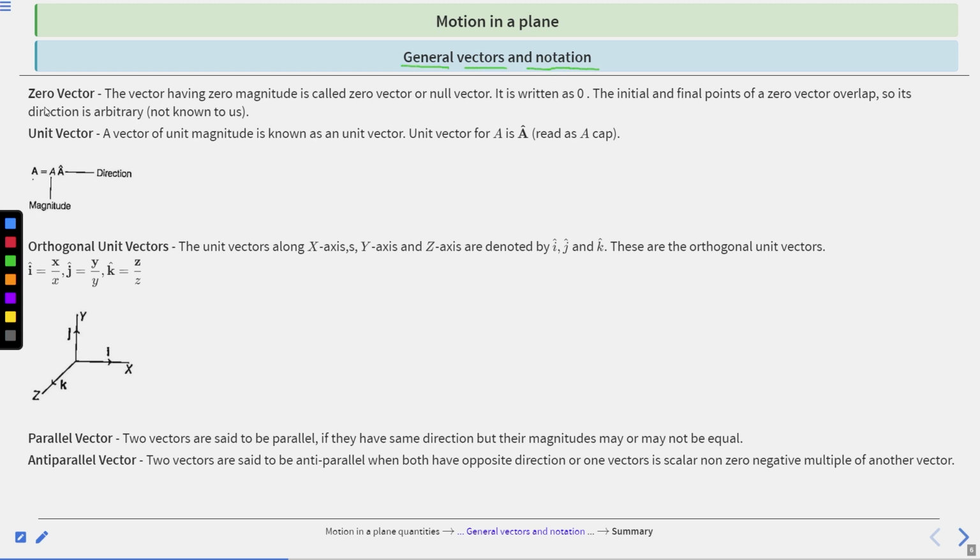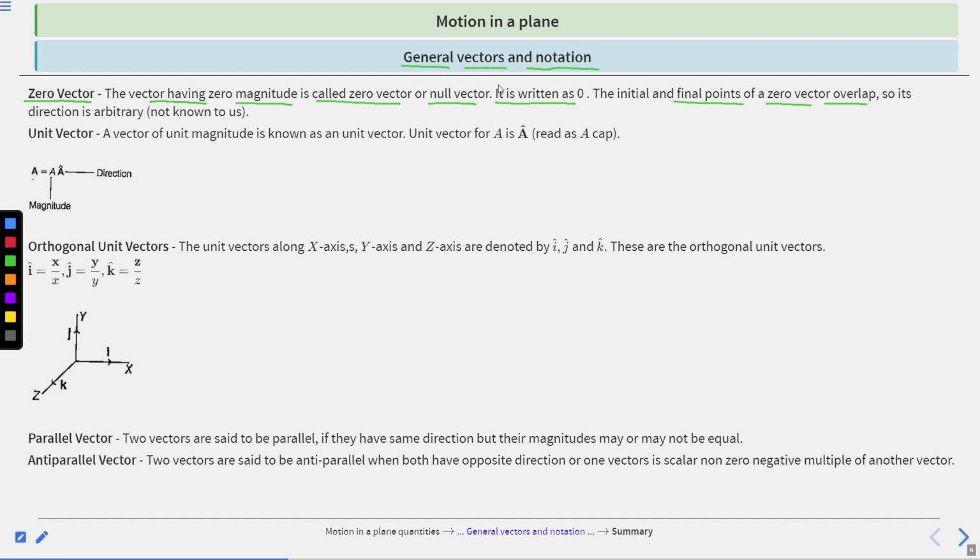Next is general vectors and notation. First is the zero vector. Clear? The vector having zero magnitude is called the zero vector. Means no magnitude, absence of magnitude, or we can say zero vector is a null vector. It is written as 0 vector. The initial and final points of a zero vector overlap.